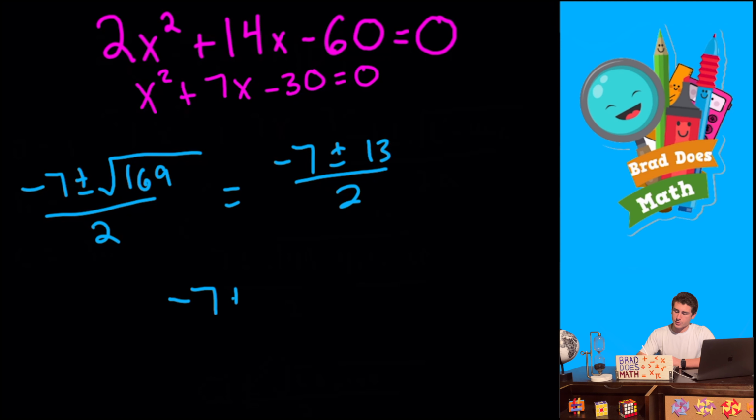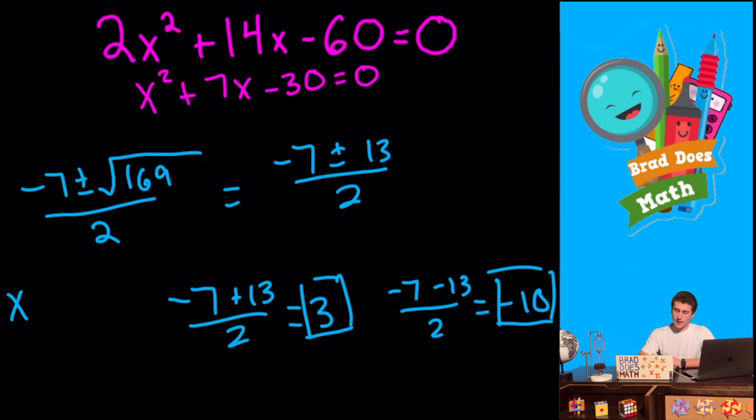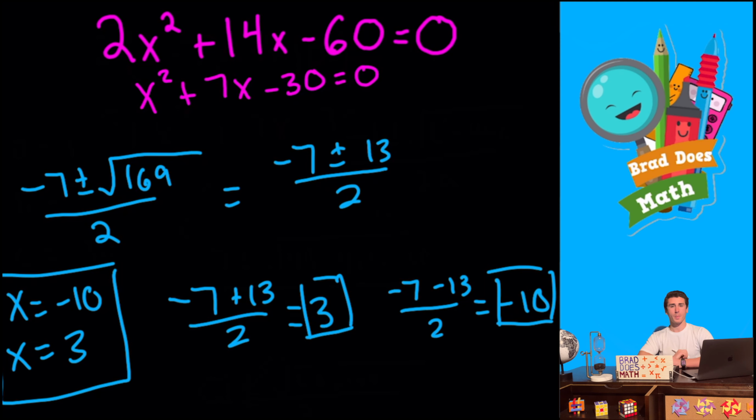Negative 7 plus 13 over 2 is going to give me 6 over 2, which is 3. And then negative 7 minus 13 over 2 gives me negative 20 over 2, which is negative 10. So my answers are negative 10 and 3. So x equals negative 10 and x equals 3 in no specific order whatsoever.